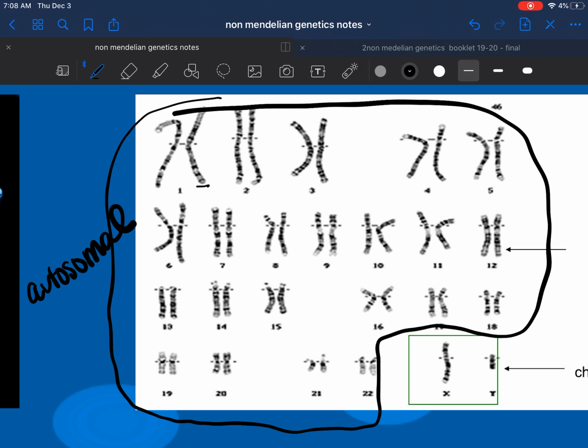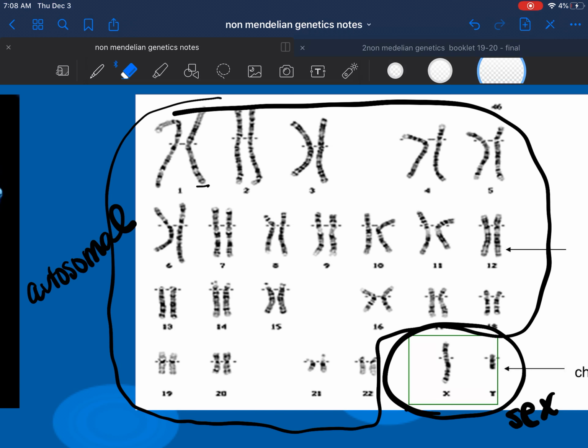It should have been autosomal. And then the 23rd pair is sex.